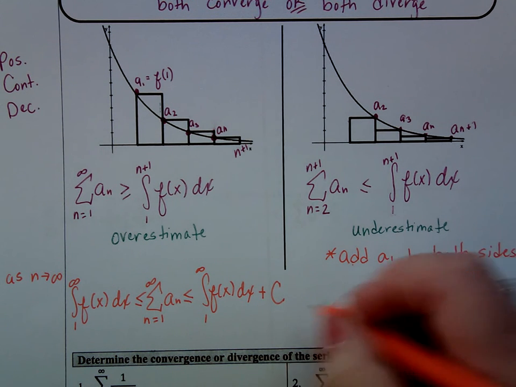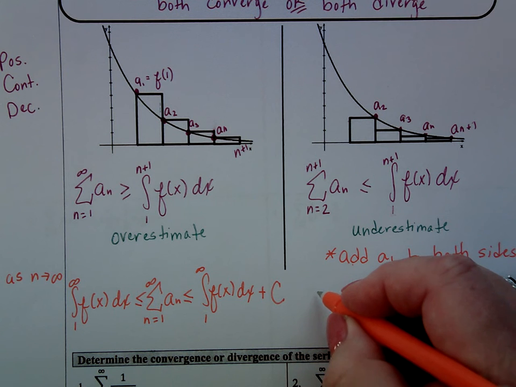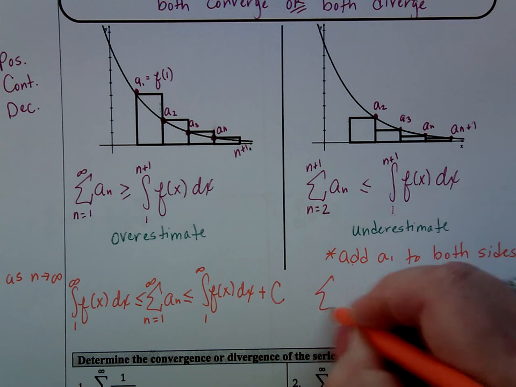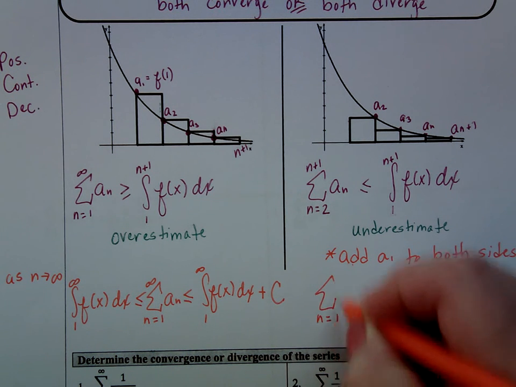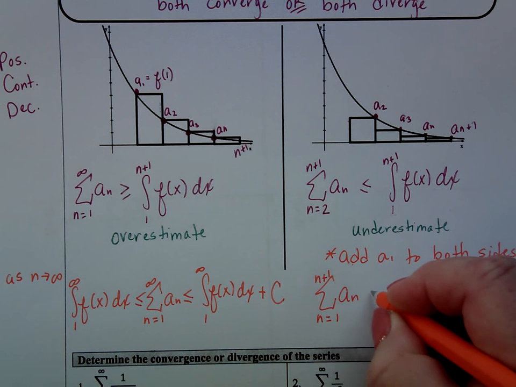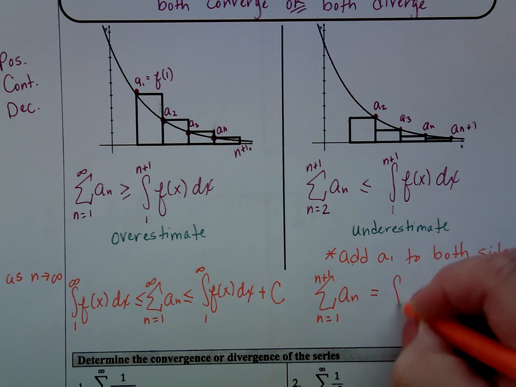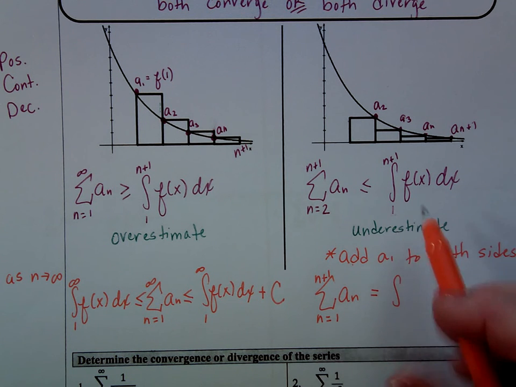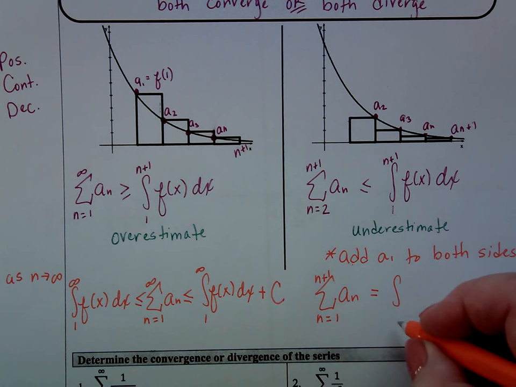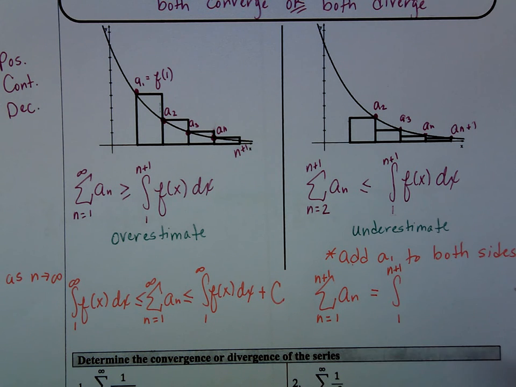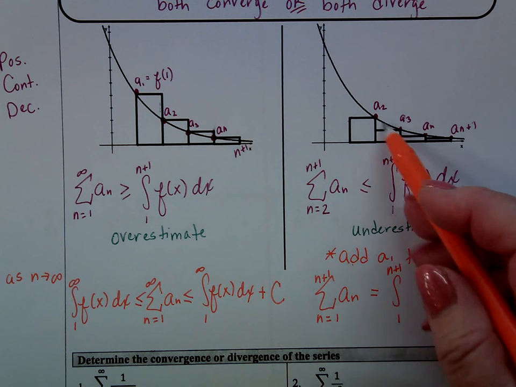And it's going to create this mathematical statement that the sum from n equals 1 to n plus 1 of a sub n is equal to the integral going from 1 to n plus 1, instead of just the a sub 2.